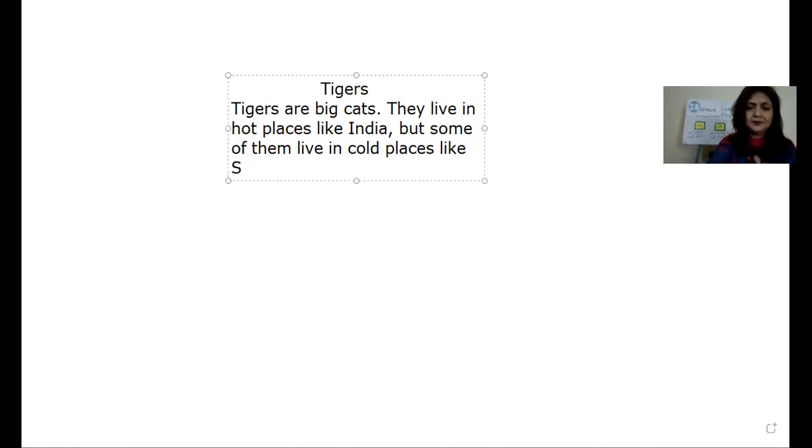Siberia. Okay, now this sentence is complete. Now, this is all about where tigers live. Now comes how they look. Tigers have orange fur with, yes, with black stripes.